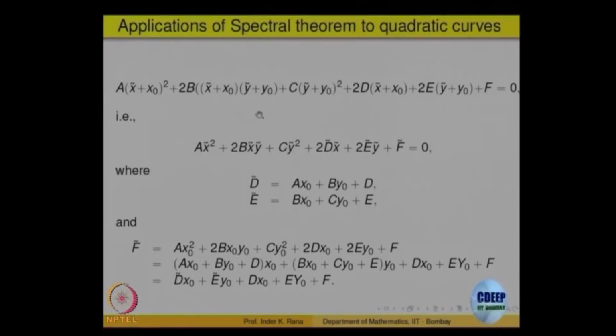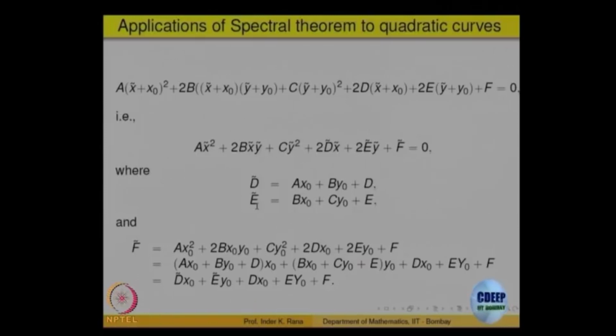Once you simplify, it becomes a x tilde square plus 2 b x tilde y tilde plus this is equal to 0. So, what do we want now? In this transformed equation, I do not want the d to appear, I do not want e to appear. I want them to be equal to 0, that means this is d tilde, this is e tilde, I want them to be equal to 0.